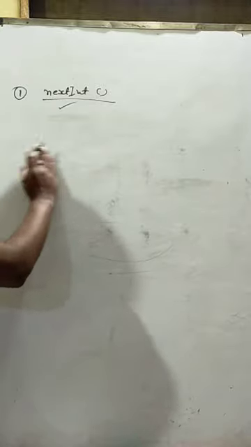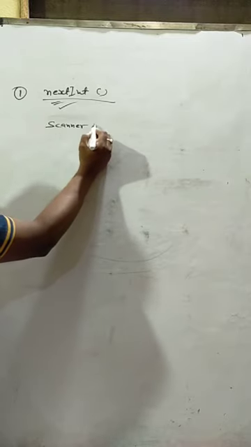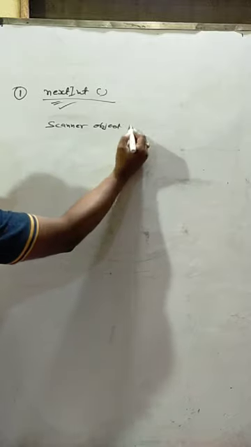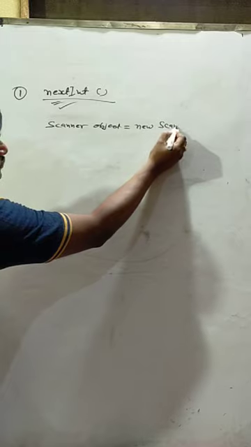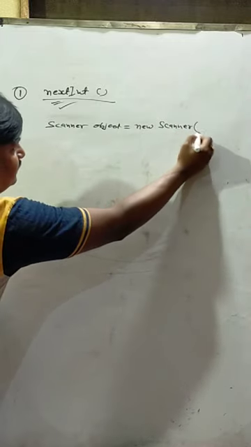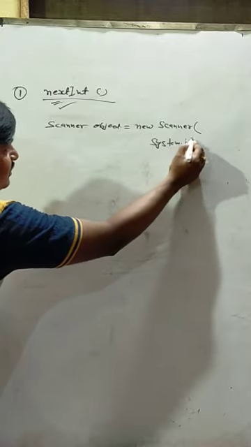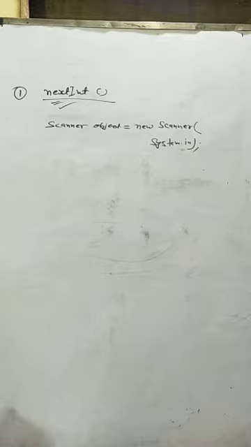To use this method, first of all we have to create a scanner object like this: Scanner scr = new Scanner(System.in). This is the process of creating an object of the scanner class.